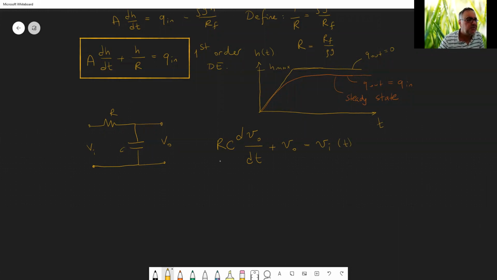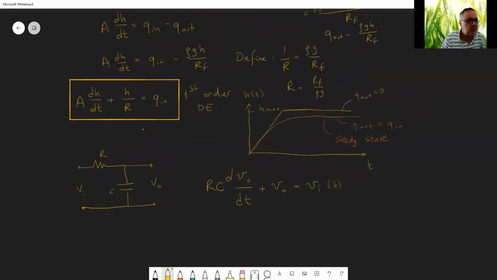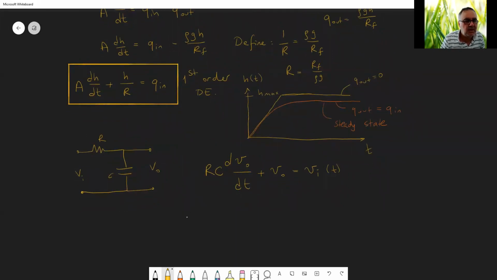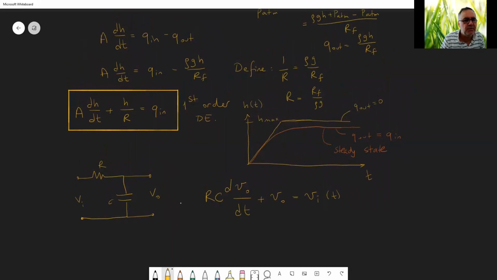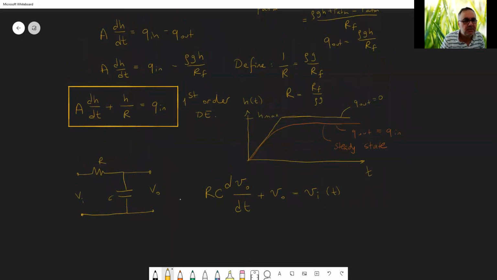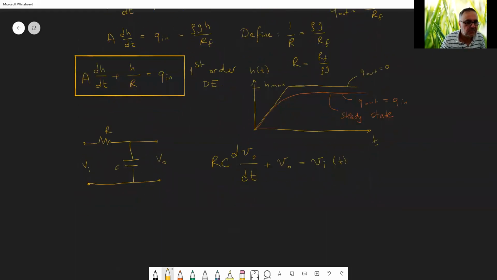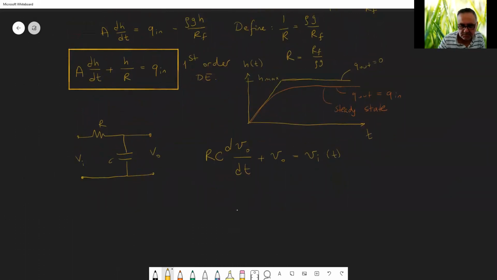In this equation, as you see, we wrote it in terms of Q in, but we can write it in terms of height, in terms of Q out, in terms of height. For example, we can say that Q out is equal to H over R, right?